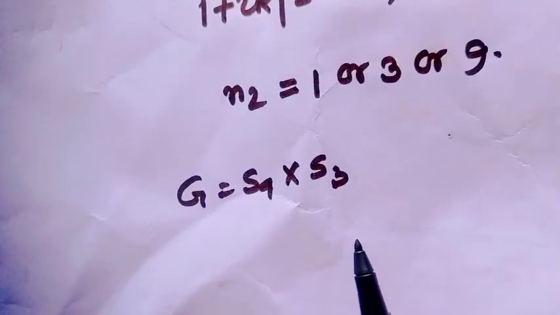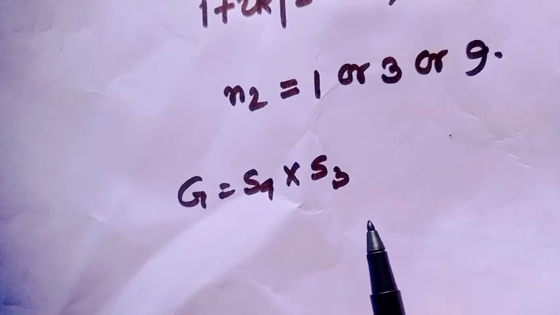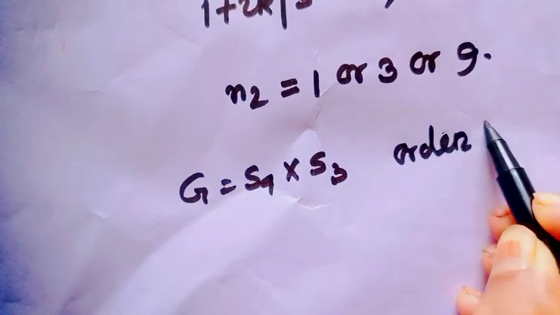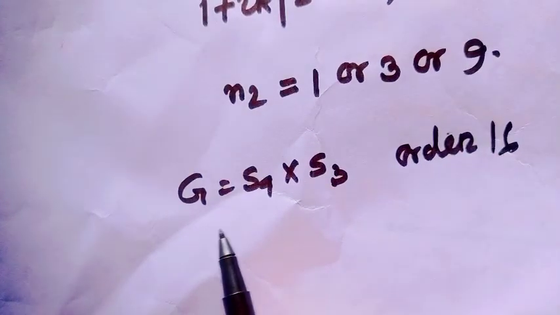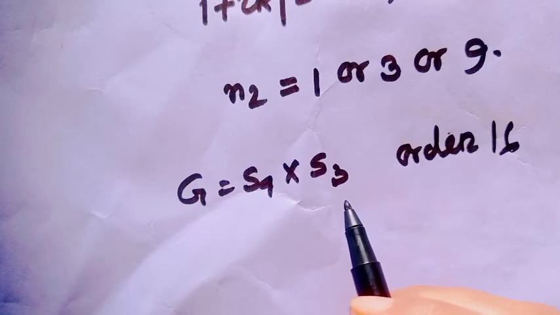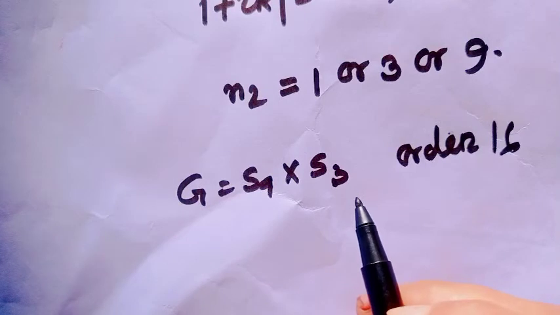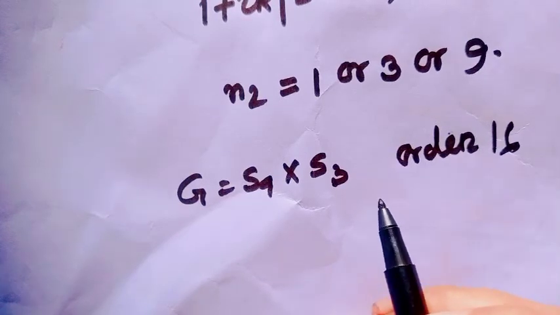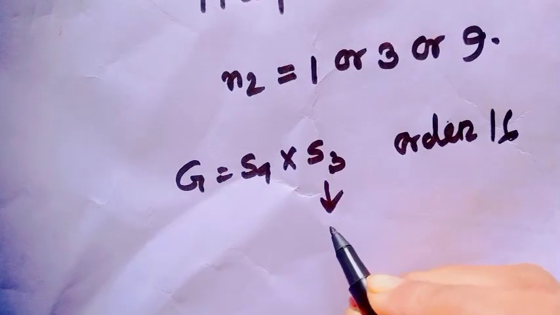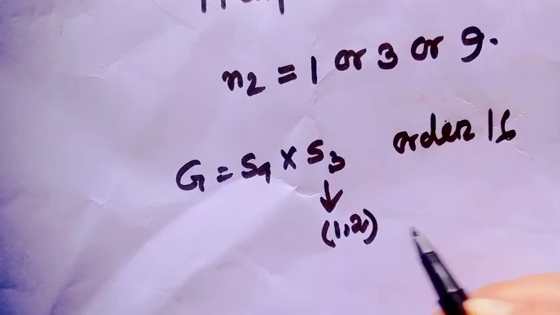Here I will approach a different method. I will try to find a subgroup of order 16. Here G is S4 direct product S3. We all know there exist in S3 a 2 subgroup, a 1 subgroup and a 3 subgroup. At first pick an element of order 2. Consider this (1 2).